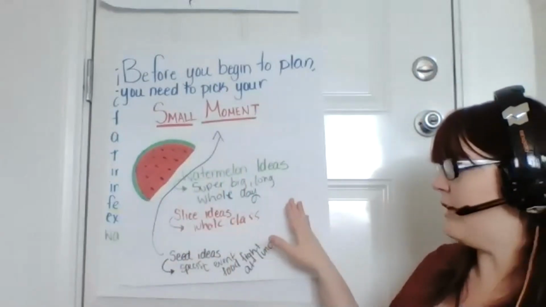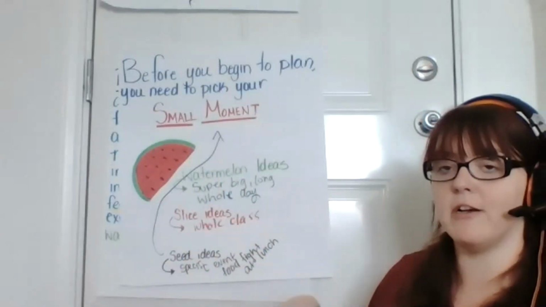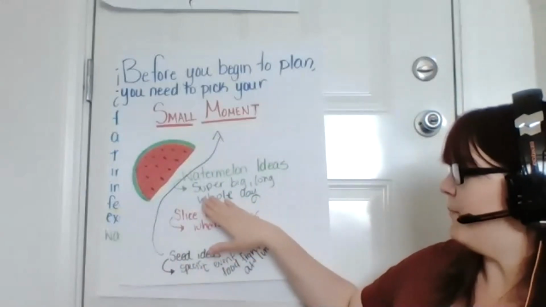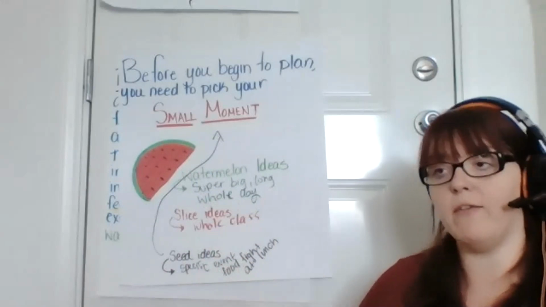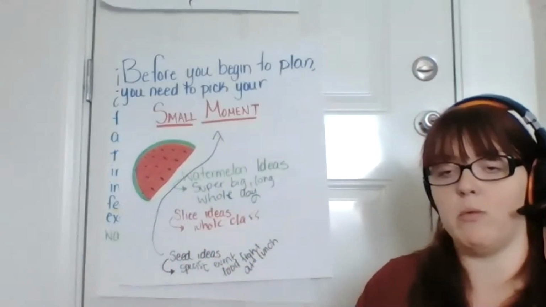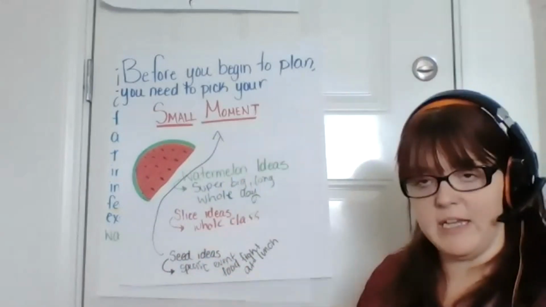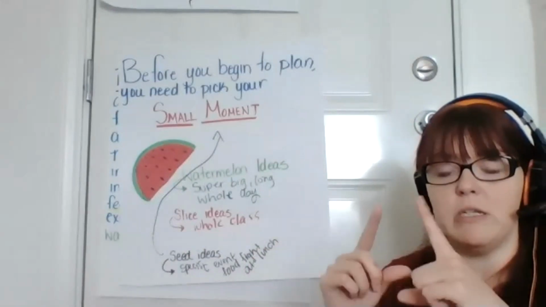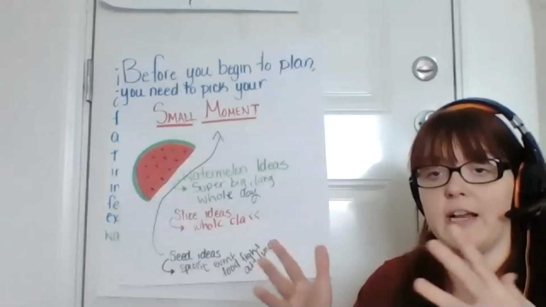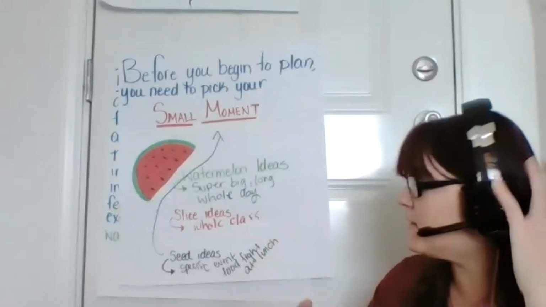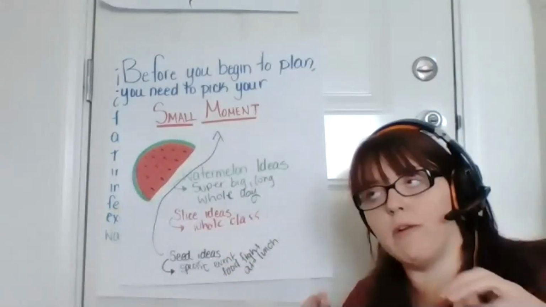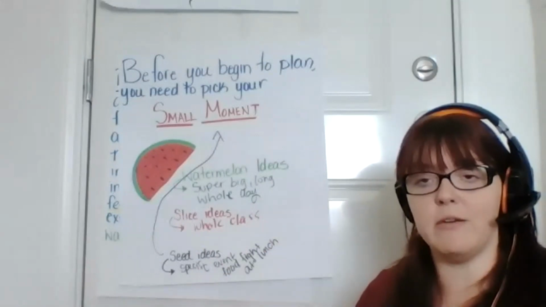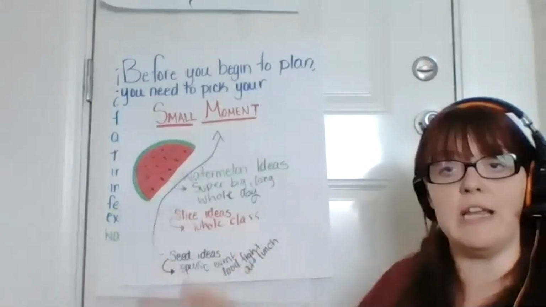So for example, if I told you to write a story about your day, the whole watermelon would be like the big story where you wrote everything that you did during the day from the moment you woke up to the moment that you go to sleep. Then you have slice ideas, which are a little bit smaller, but they're still kind of big. They're like medium-sized stories. And that would be where you would write a story about what you did during a class period. So from the second you get to my class to the second that you leave my class.